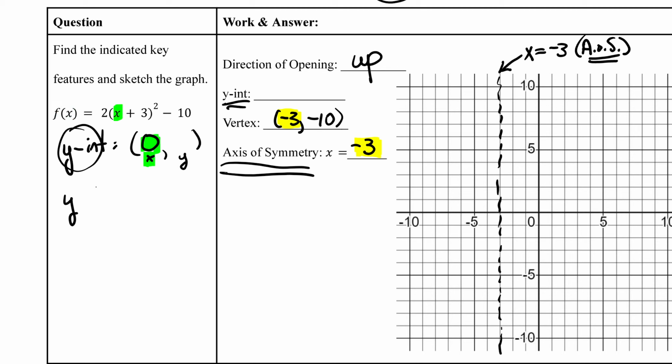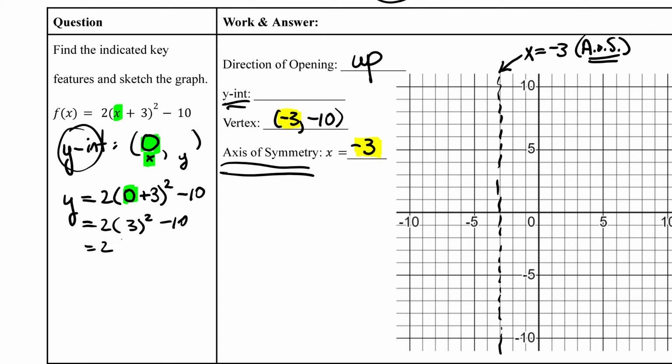And y is equal to 2 times (0 plus 3) squared minus 10, plugging that in where the x is. I'm just going to evaluate this. 0 plus 3 is 3, squared is 9.